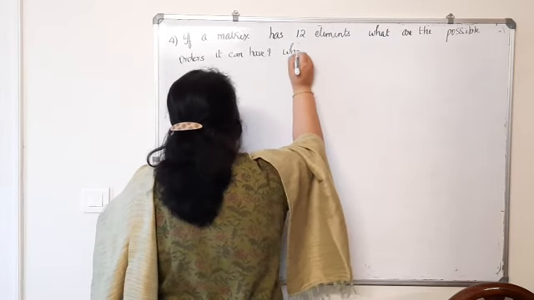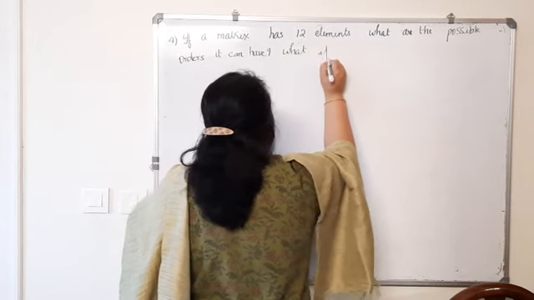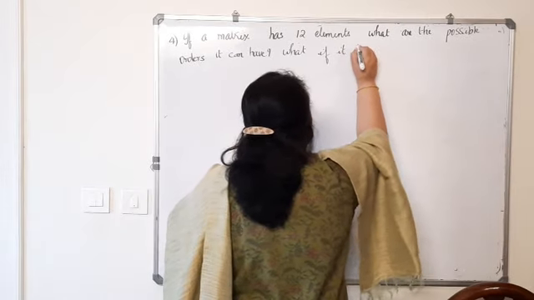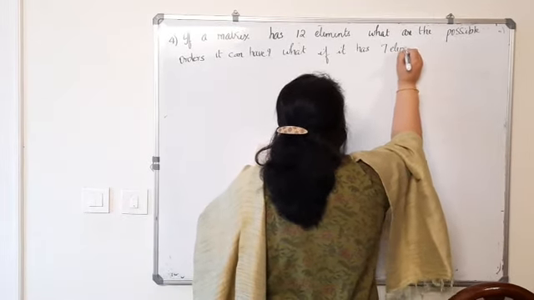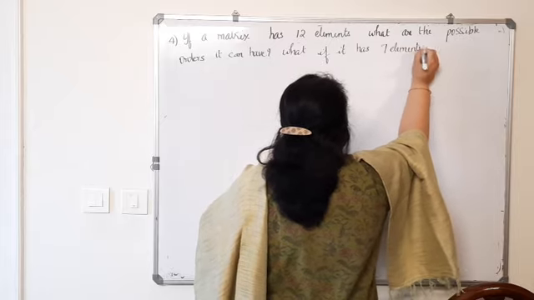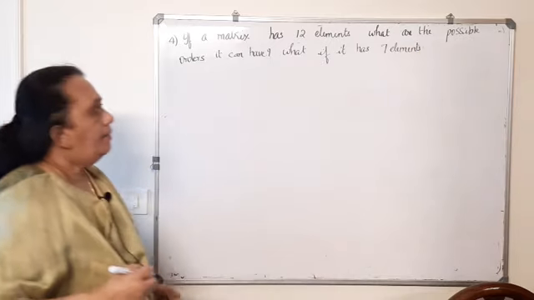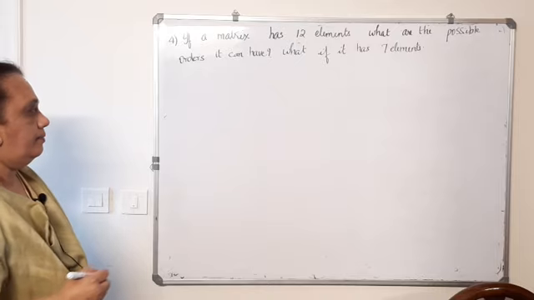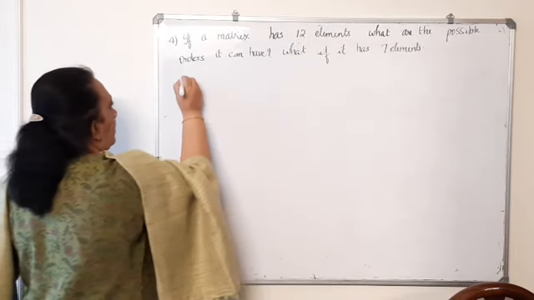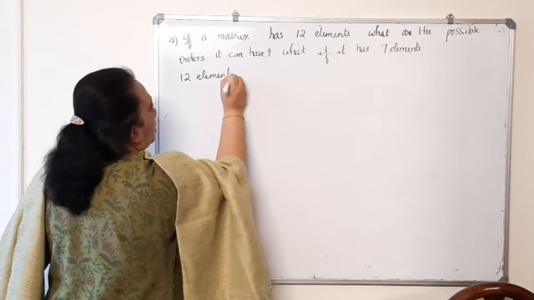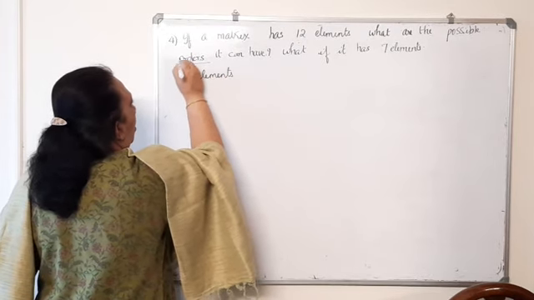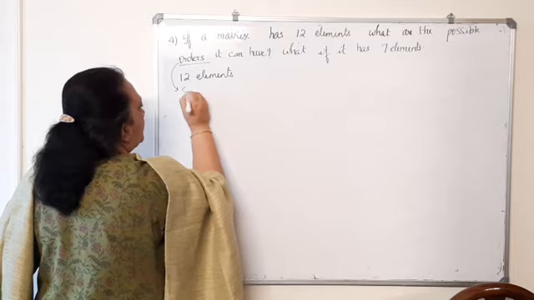What if it has 7 elements? A matrix has 12 elements. What are the possible orders it can have? Orders means size.